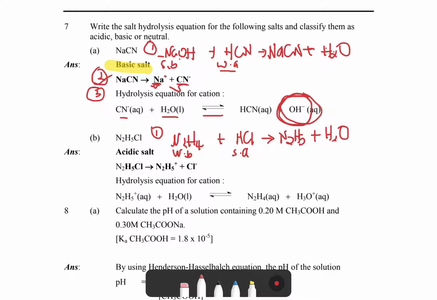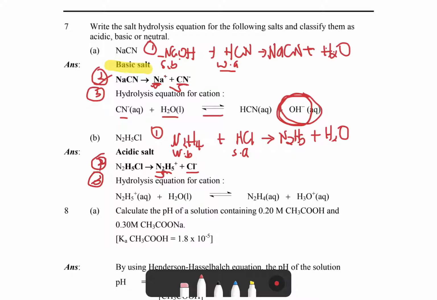Alright, so number 2, you write the dissociations of the salt. So the salt akan dissociate to form cation and anion. And now, before we go to equations number 3, kita kena choose lah which ion yang strong. N2H5 cation dia berasal dari N2H4, which is weak base. Weak base produce strong conjugate acid. So ini adalah strong.